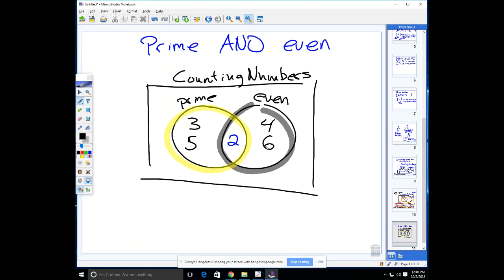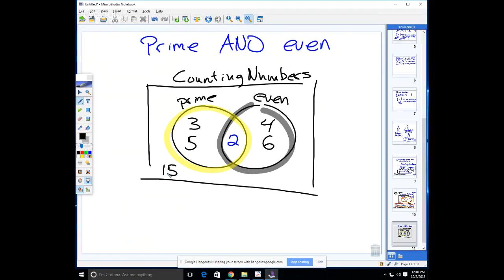How about 15? Where's that going to live? 15 is 3 times 5, so it wouldn't be prime, and it's not even, so 15 would have to live out here.